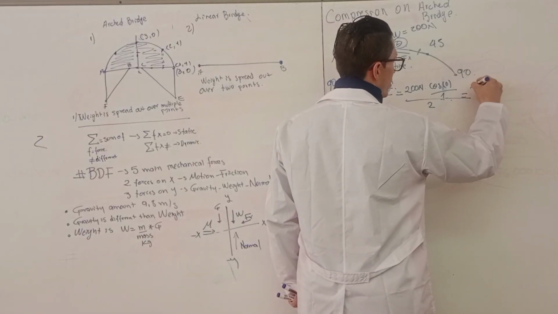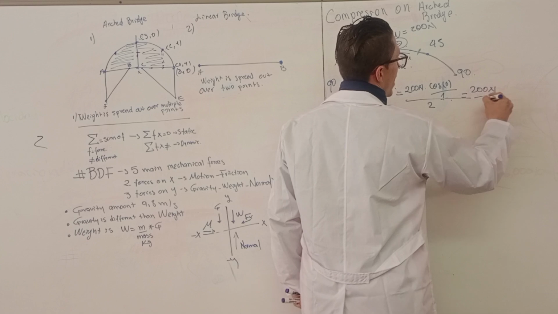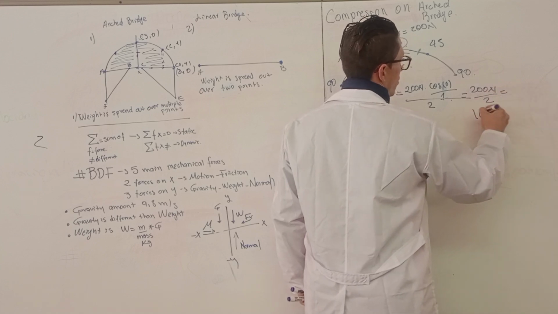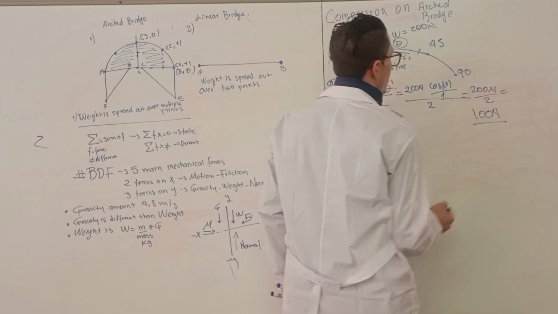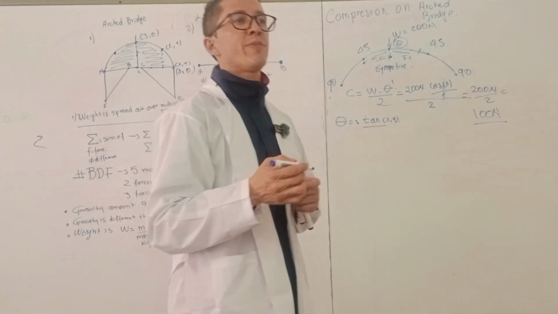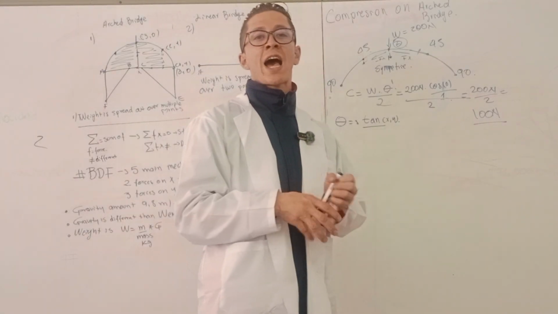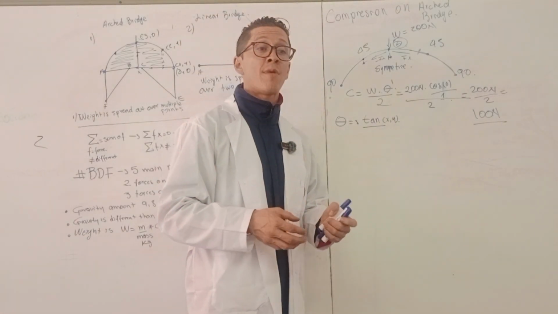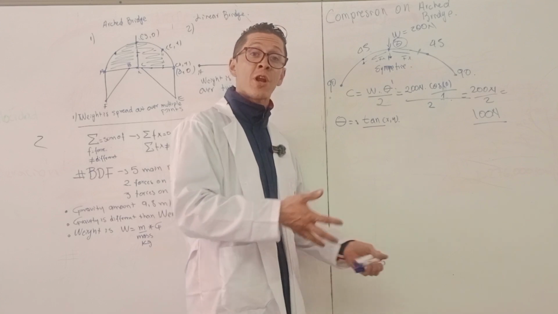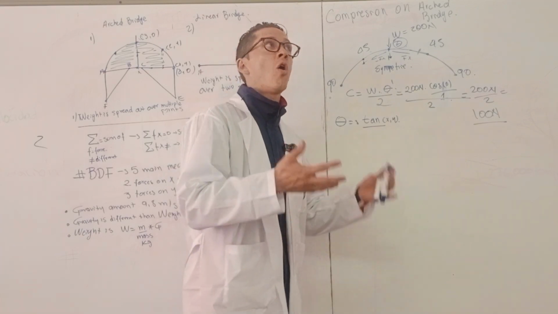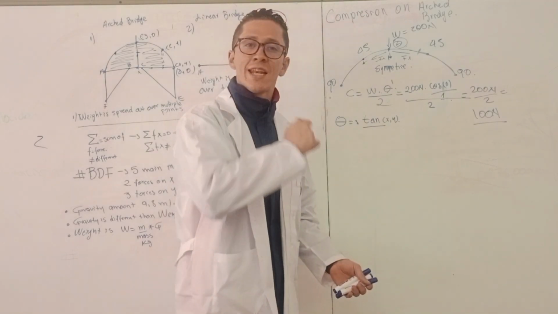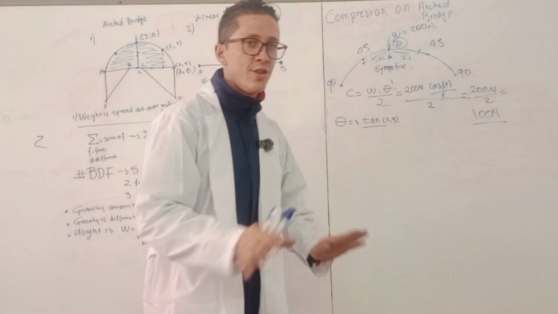It's equal to 200 Newton divided by 2, which is equal to 100 Newton. Oh my gosh, teacher, you have explained how this arch has been decreasing the amount of weight that it is carrying. That's right.